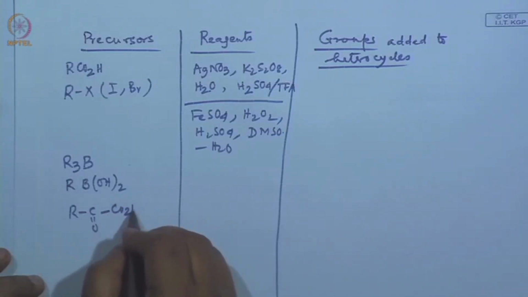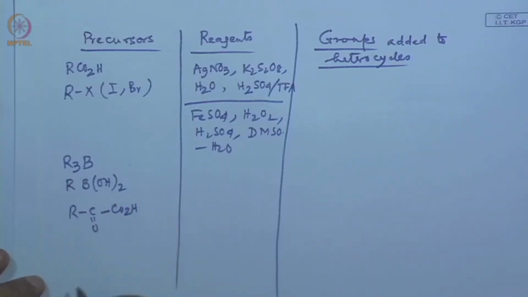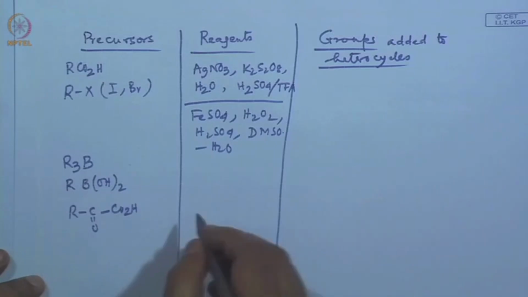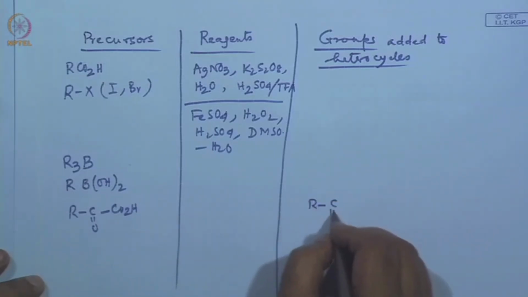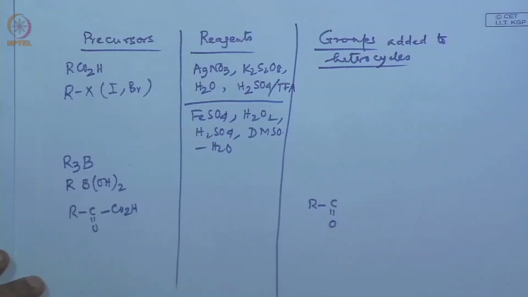this pyruvic acid, if you have pyruvic acid, then it would deliver this acyl unit. Then you have also seen that if you have ethyl pyruvate and under the influence of Fenton's conditions, it will provide the carboxylic ester.